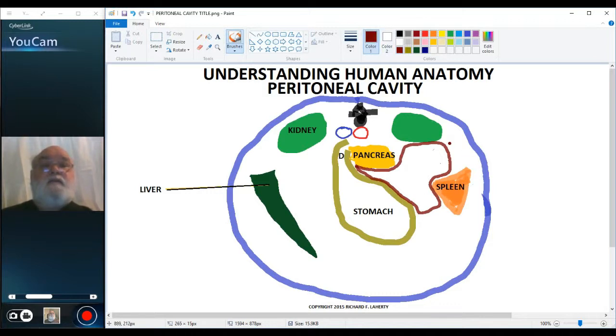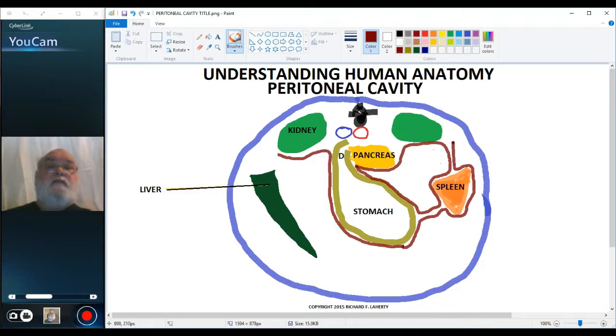Then we'll start over here on the dorsal wall, visceral peritoneum of the stomach, gastrosplenic ligament, around the spleen, splenorenal ligament, around the body wall like so.